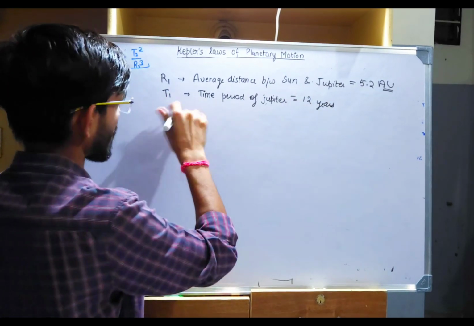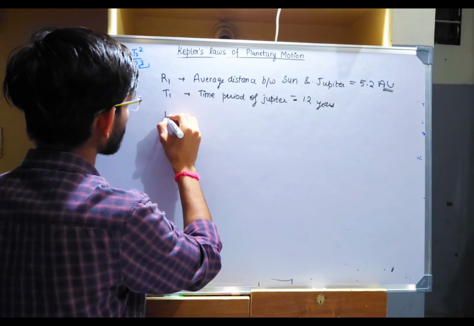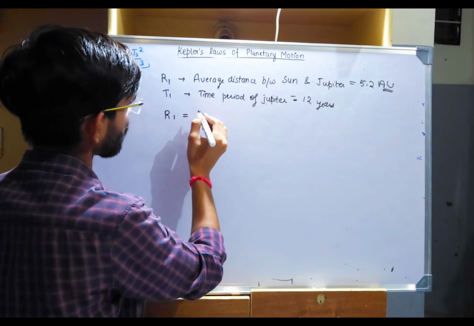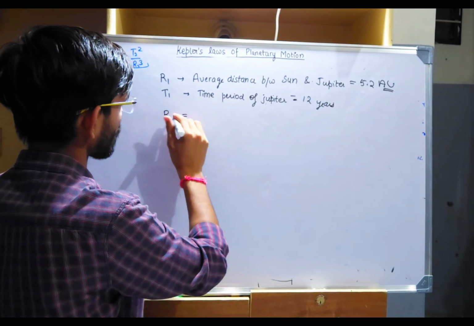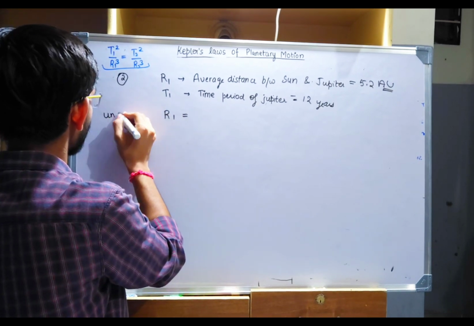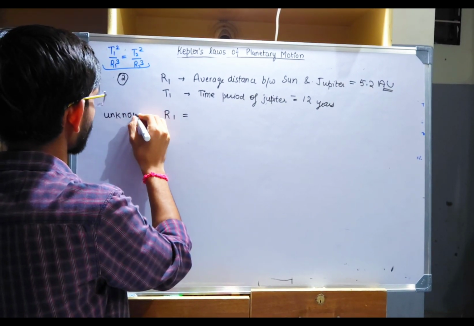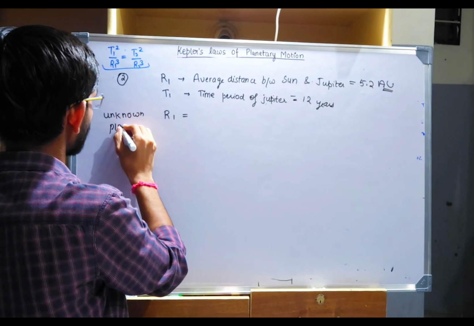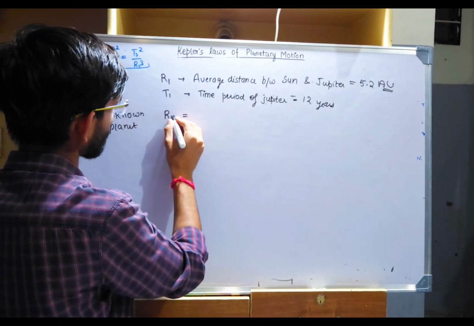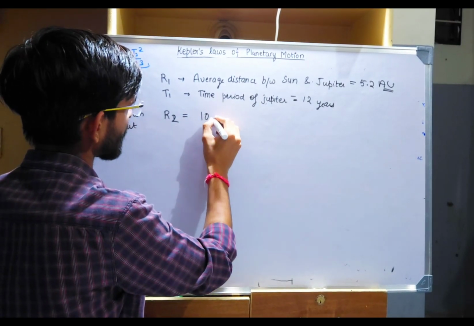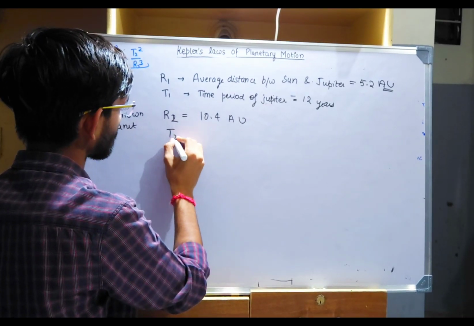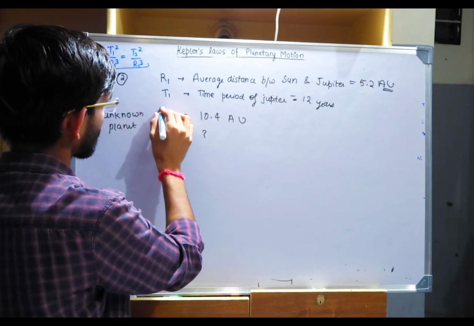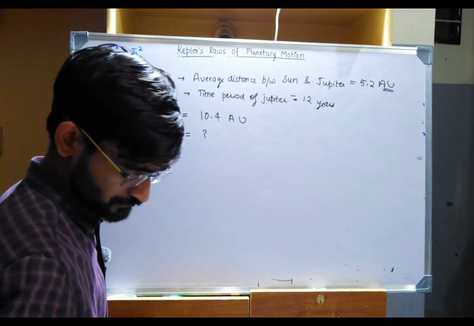Now we have another unknown planet whose average distance from the Sun is R2, and this is given as 10.4 astronomical units. We have to find the time period of this unknown planet. We have to find T2.